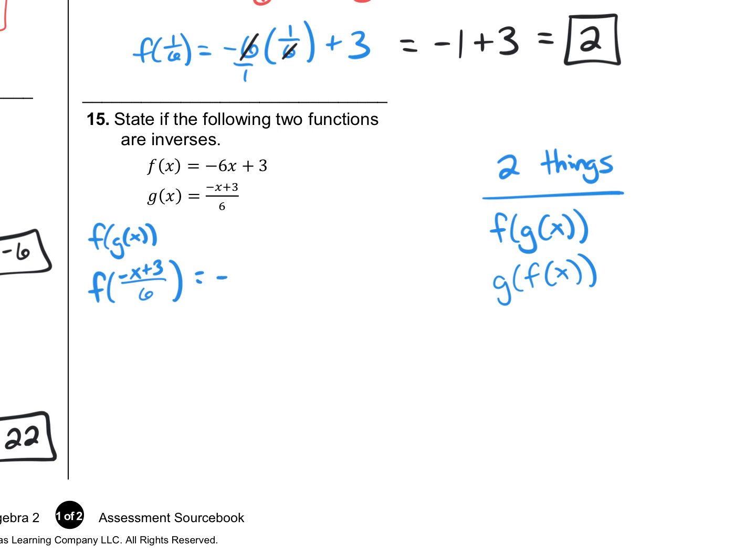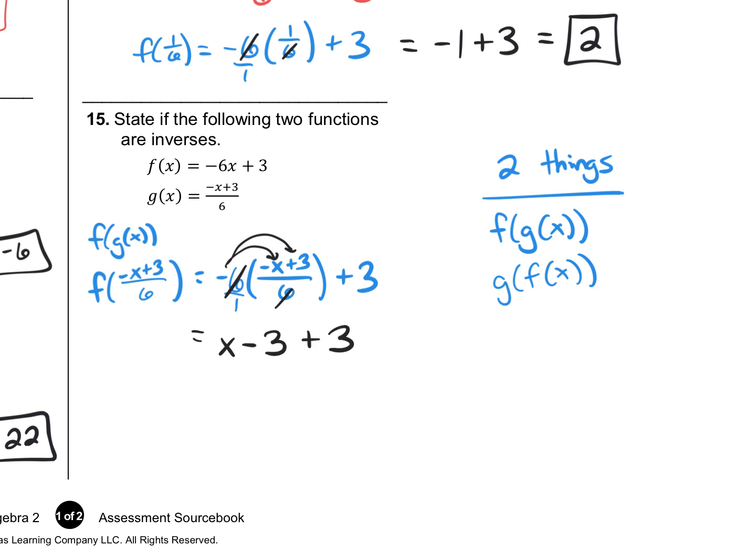So this turns into negative 6 times negative x plus 3 over 6 plus 3. Again, what's kind of nice that happens? What happens to the 6's? They cancel. Again, being careful with this negative here. We got to distribute that in. So that turns into x minus 3 plus 3.